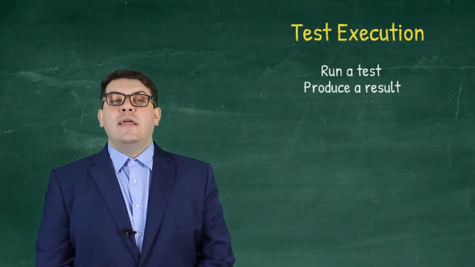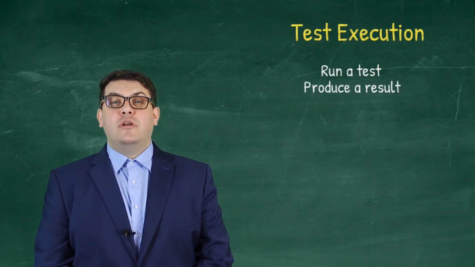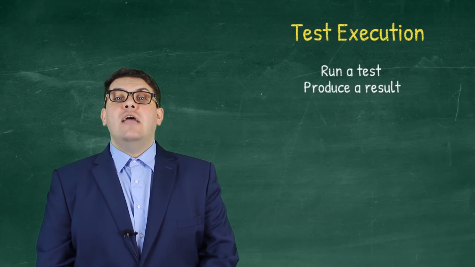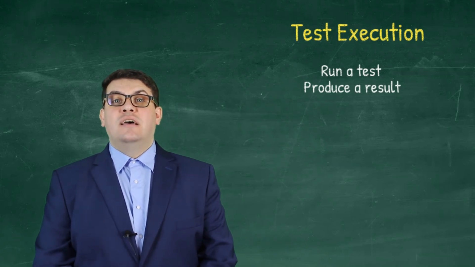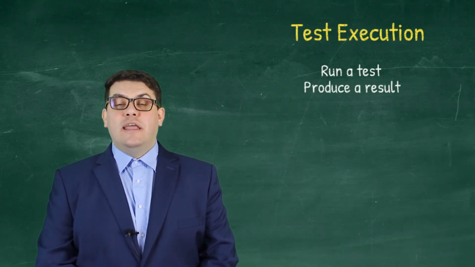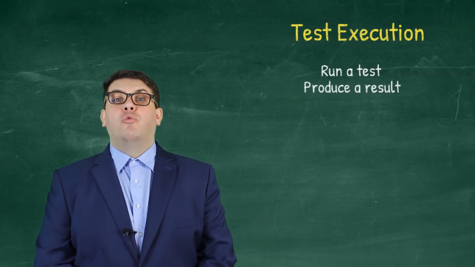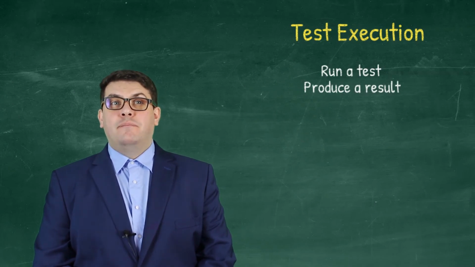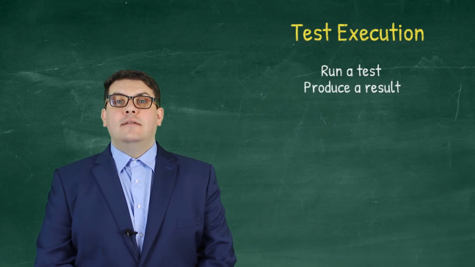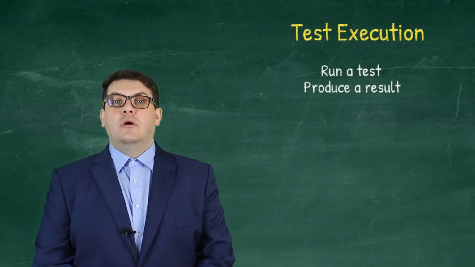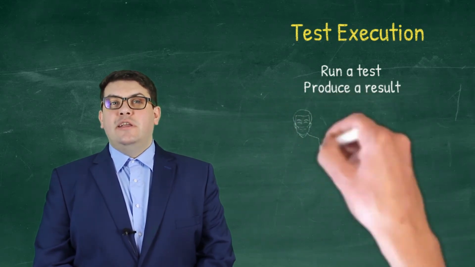We also define the standards for the test logging and defect reporting and make sure that everybody involved in the process has this documentation and is aware of what needs to be done.